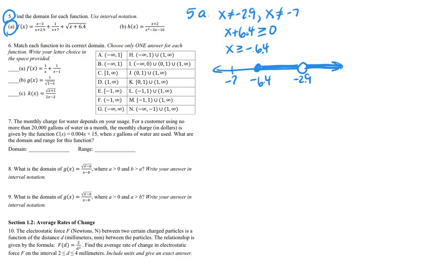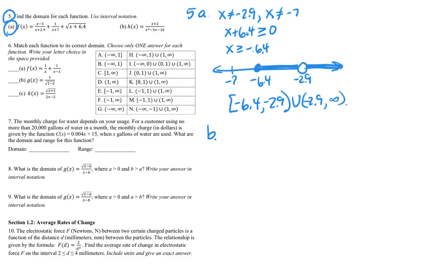I'm also throwing out negative 7, but it's already thrown out because x needs to be greater than or equal to negative 6.4. So that part doesn't end up impacting our final answer this time. The correct answer then is the interval from negative 6.4, including the 6.4 so I put a bracket there, to negative 2.9, open parenthesis, union negative 2.9 to infinity. So that is the domain for 5a.